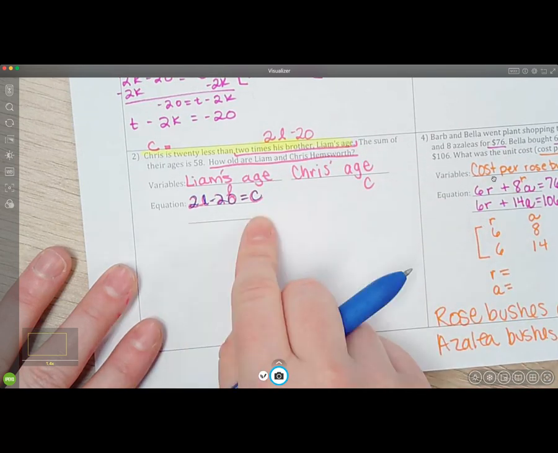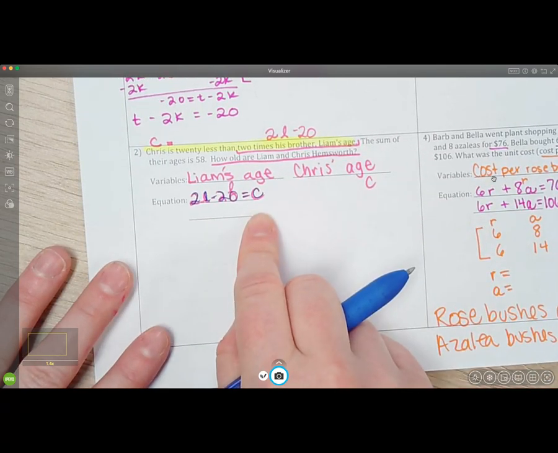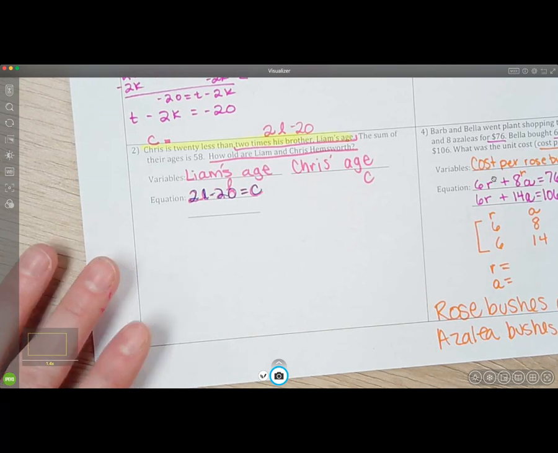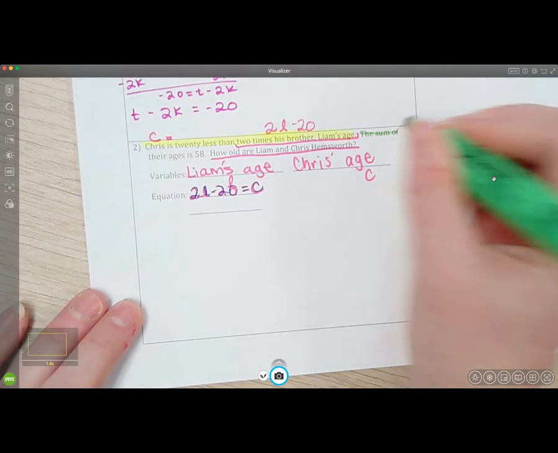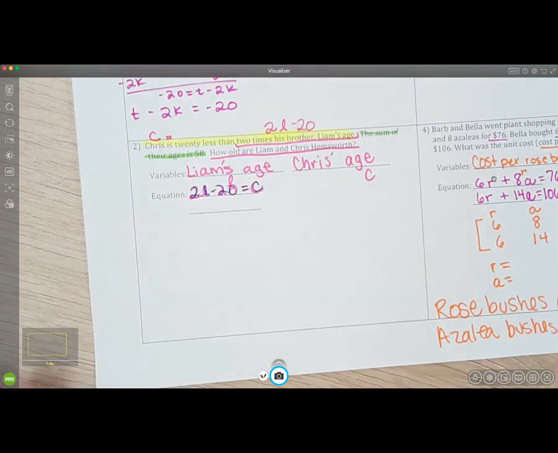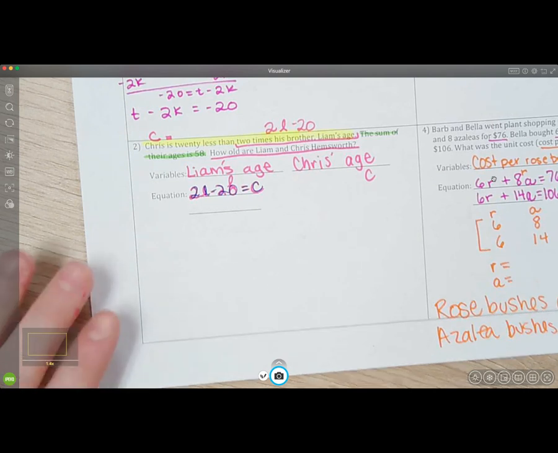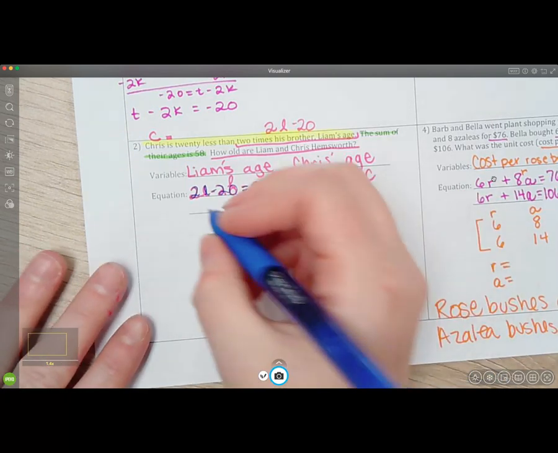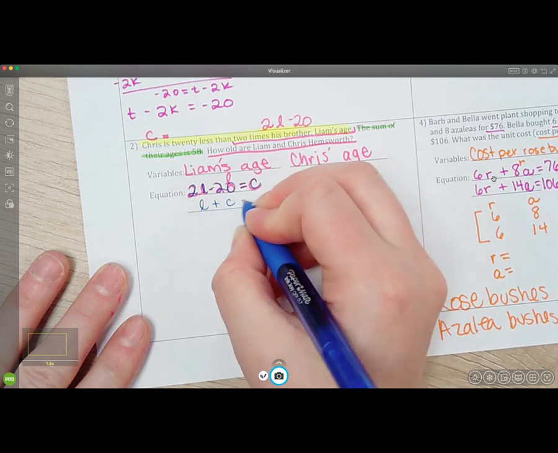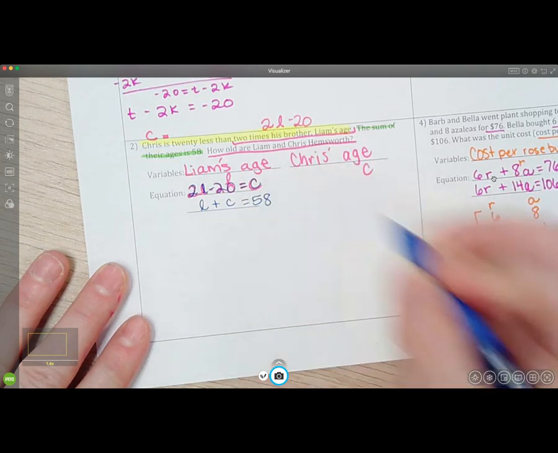So then how can we figure out the other equation? Look at the other sentence that we haven't dealt with. Yep, we're going to add. What are we adding? L plus C equals 58.